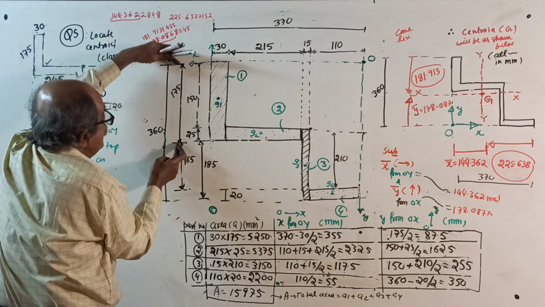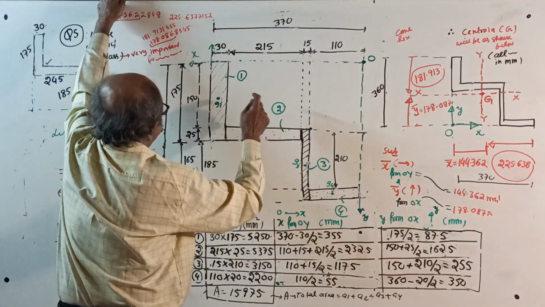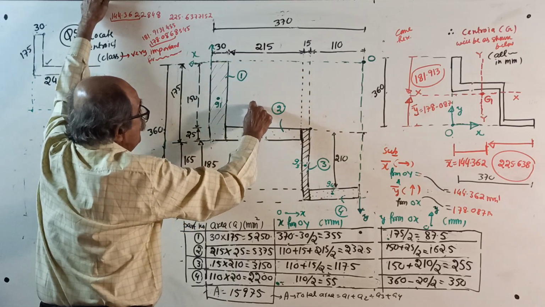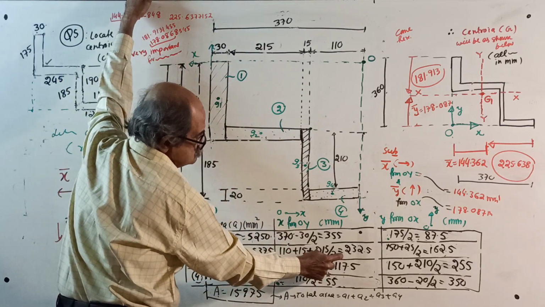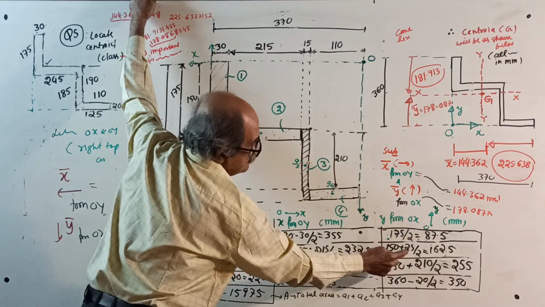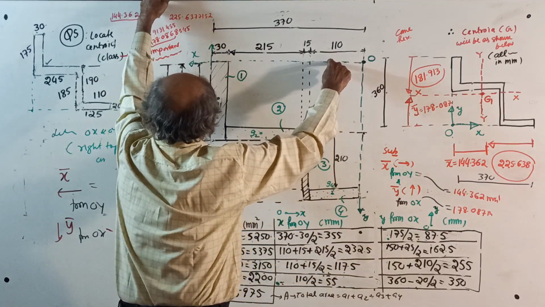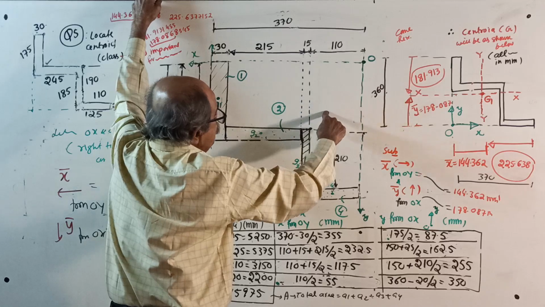y1: total depth is 175, see, 175 by 2. y2: 150 is from here to here, 150 plus midpoint, 25 by 2. Where is it? Here. y3: 150, see, 150 up to here.